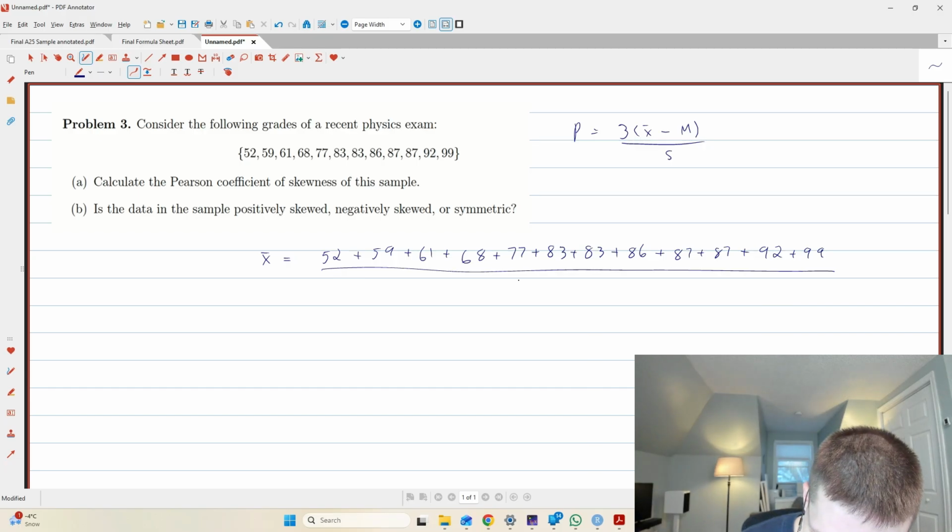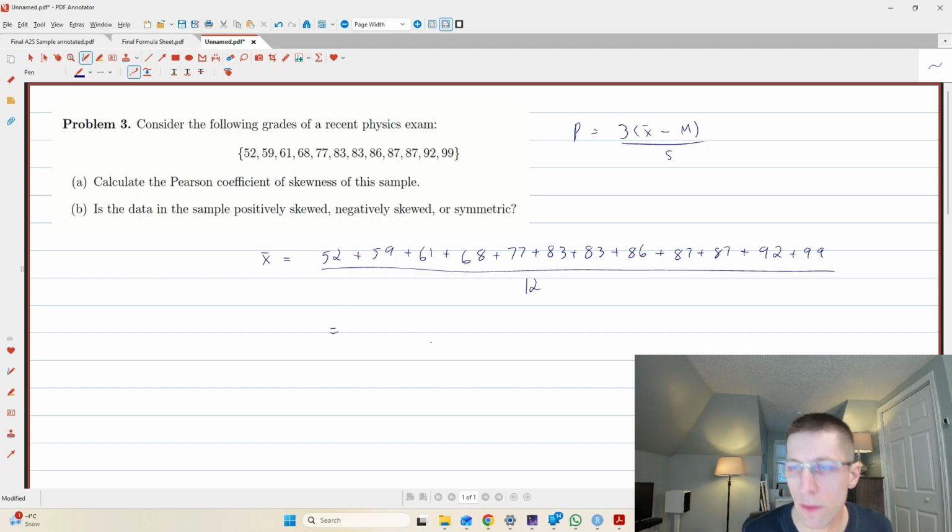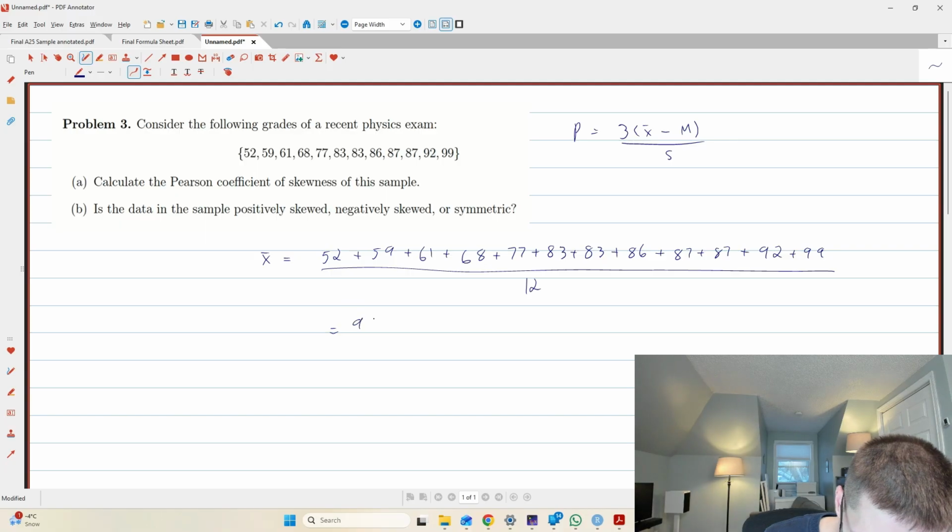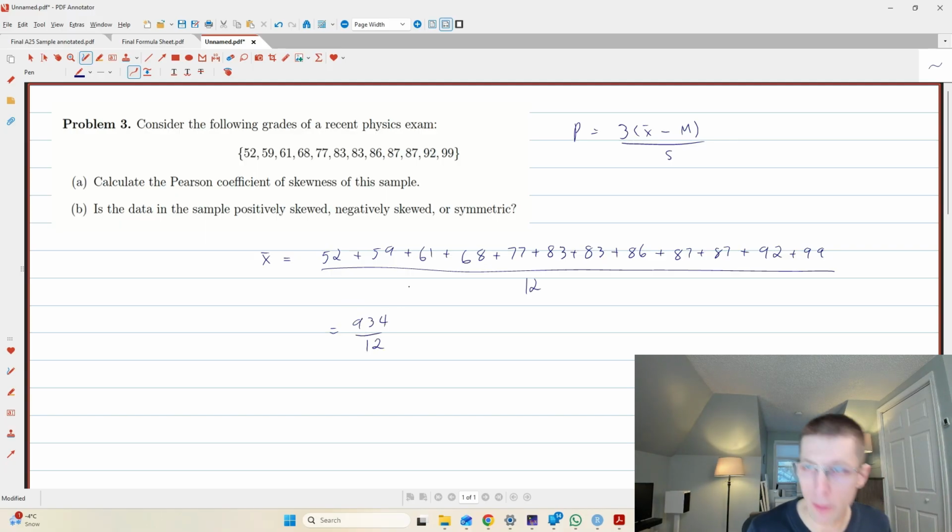There are 12 data points. So that's going to give us 934 over 12. So you need your calculator for that probably. And that's approximately 77.833.